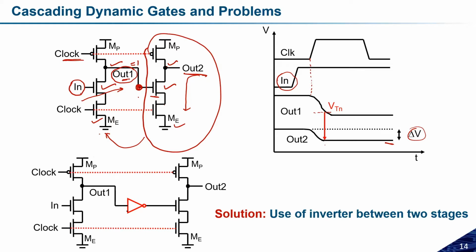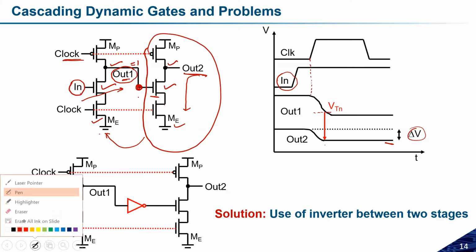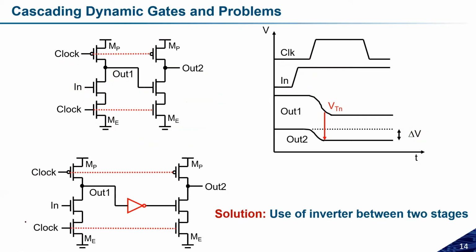This will match the impedance, because this will not change the logic. Accordingly, the output can also be changed, depending on what kind of structure we have here, but this will solve the problem of the degradation. So this was the problem with cascading and the solution for it.